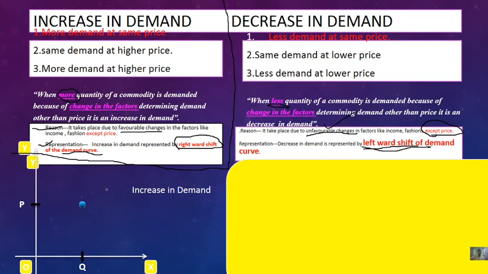Here P is the price, Q is the quantity demanded. When the price is P, quantity demanded is Q.